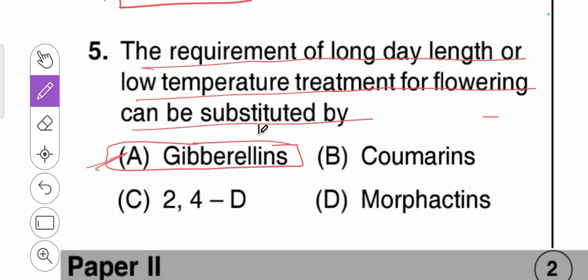So these gibberellins will be given to the plant, then this particular requirement, that is long day length, can be achieved. So A is the right answer, where this growth hormone, gibberellin, will stimulate the cell elongation.